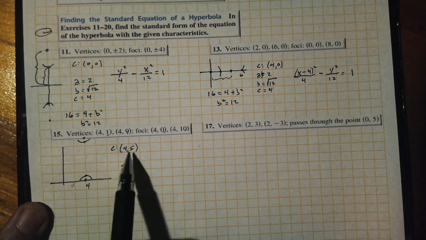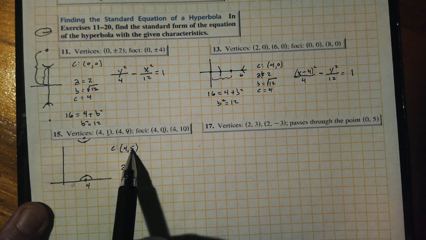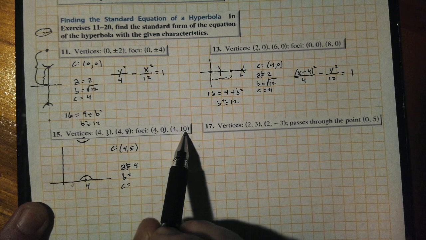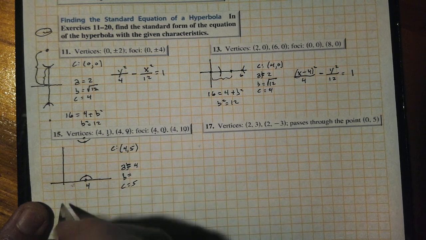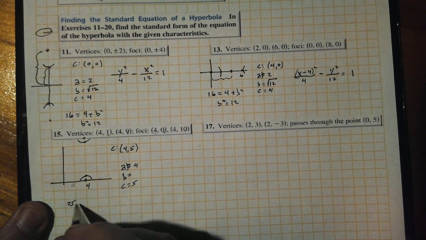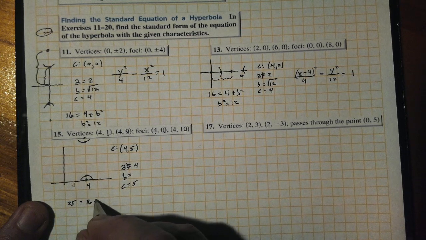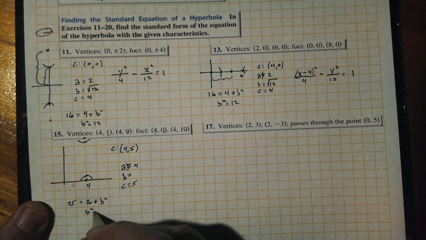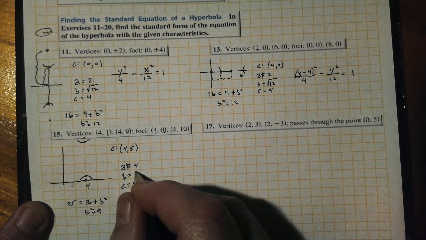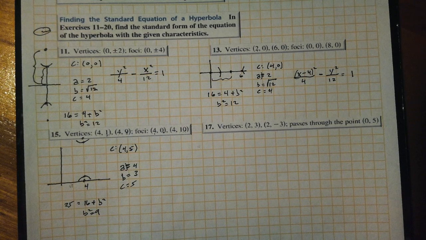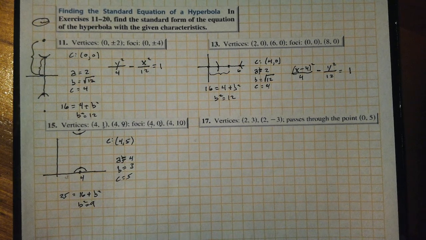C is the distance from the center, 4, 5, to the foci, 4, 0, they're 5 away, 5 away to 10. So this is 5, so 25, C squared, equals 16, A squared, plus B squared. B squared is 9, which is really what I want, but I'll go ahead and put B as 3 here. And now, pretty much the only way we can miss this is to order it wrong.